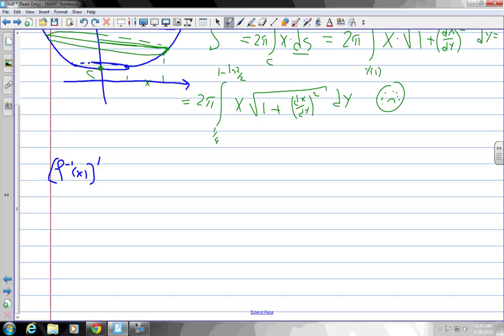But there's a quicker way. I'm just trying to see whether I'm remembering correctly. I mean, we can think about this algebraically, that dx dy squared is the same as 1 over dy dx squared.